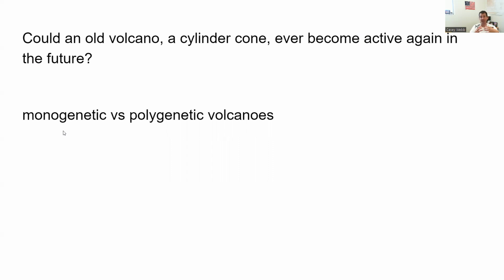Right now, southern Utah is considered very, very low risk. So it's not a major concern compared to other regions that are moderate risk, such as some of the Cascade Mountain Range or the Yellowstone hotspot.